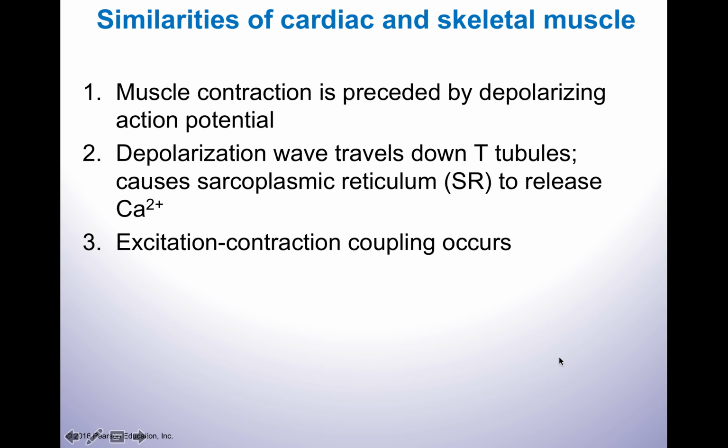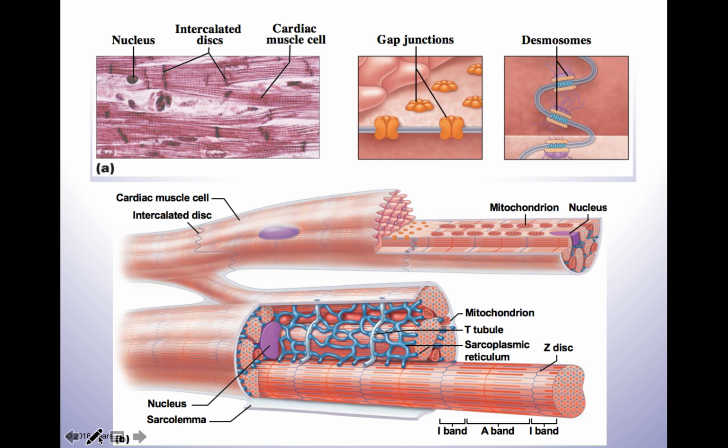Let me show you on the picture what I mean. So, if you're looking at this picture, this is a muscle cell, right? If I want to trigger the sarcoplasmic reticulum to release its calcium, what I want to do is first bring calcium from outside to inside the cell.